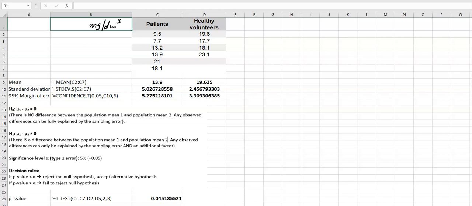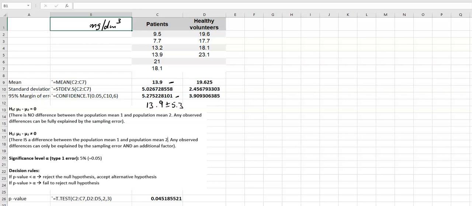So we find that for the patient biomarker concentration, it is 13.9 plus minus 5.3 milligram per decimeter cubed. So this is this and this value here.